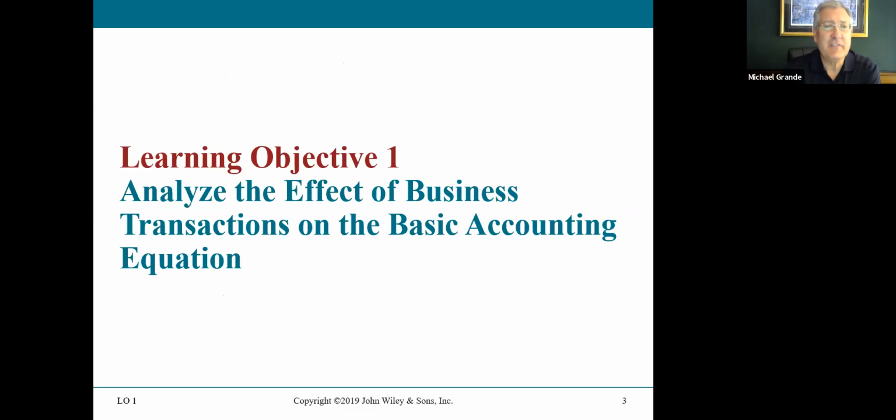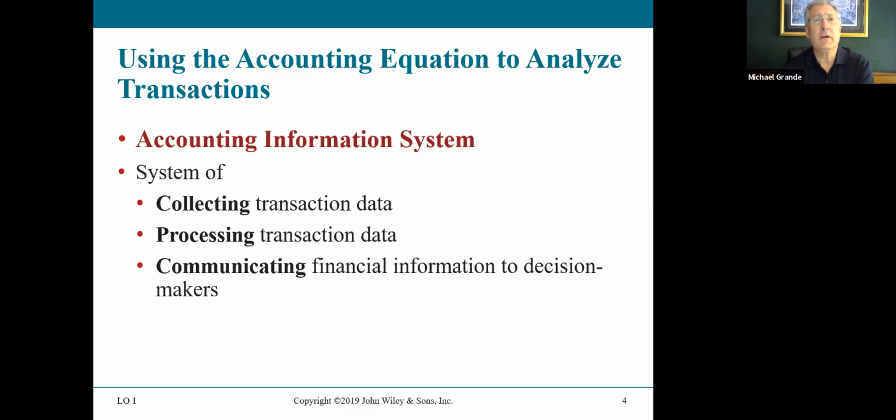Analyze the effect of business transactions on the basic accounting equation. So using the accounting equation to analyze transactions. Accounting information system: a system of collecting transaction data, processing transaction data, and communicating that financial information to decision makers.